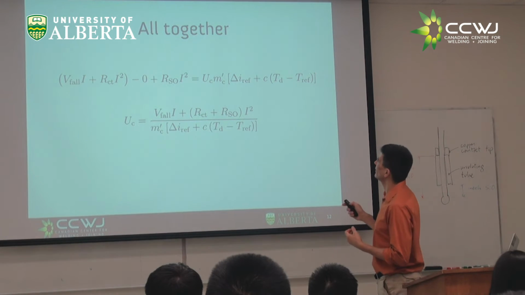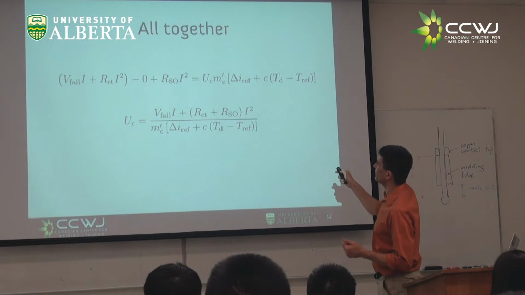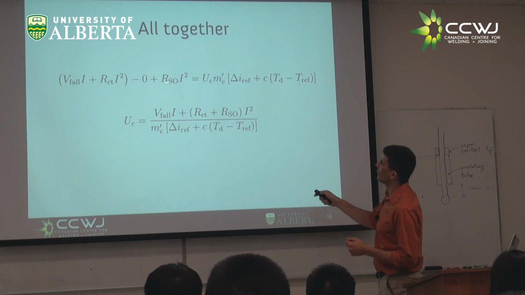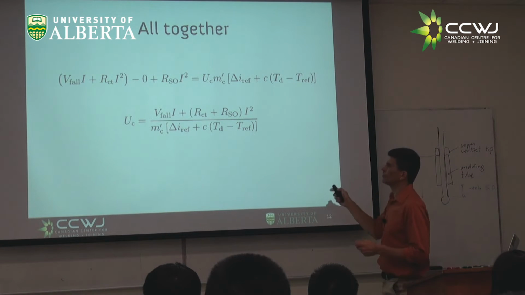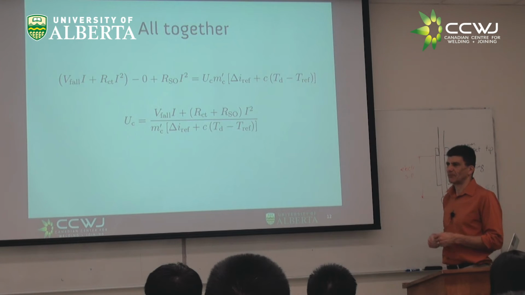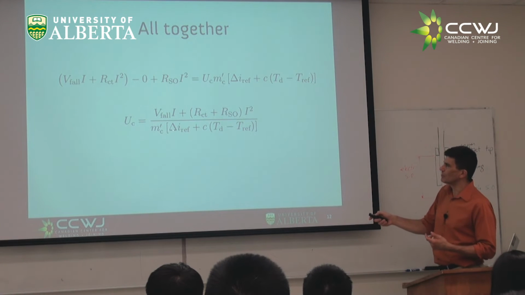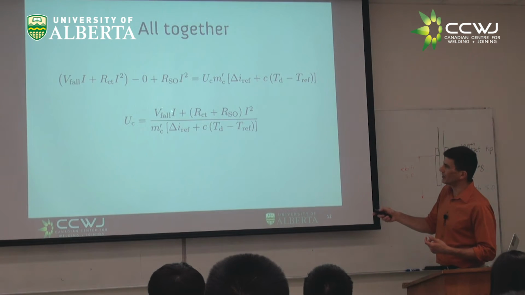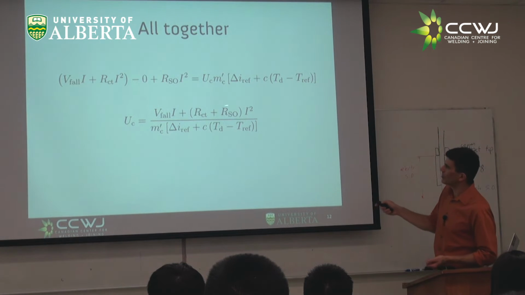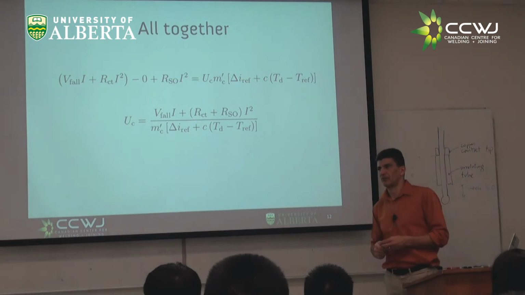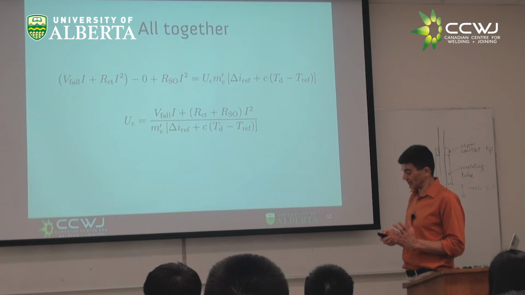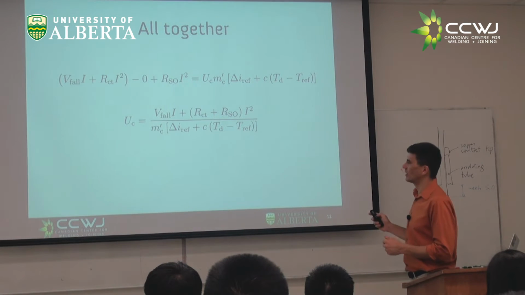Some people actually have solved this for droplet temperature, assuming they know everything else, then you can solve for droplet temperature. If you measure wire feed speed and you measure current, if you know your fall voltage, you can solve for droplet temperature. I think it's a risky measure, but you can. All right.